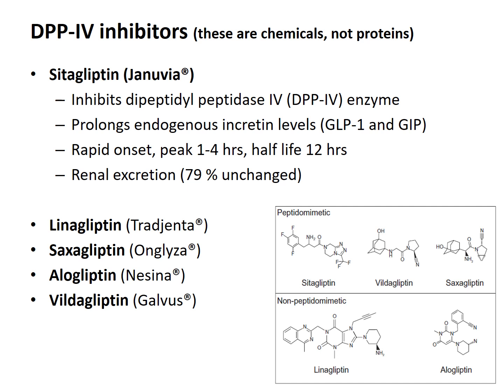GLP-1 gets degraded by an enzyme called DPP-4. So one way that you get your incretin, your GLP-1, to work longer is by taking a DPP-4 inhibitor. The first drug that came out on the market was Januvia, sitagliptin, and a number of them have come out since. They're just extending the duration of action of the patient's own incretins.